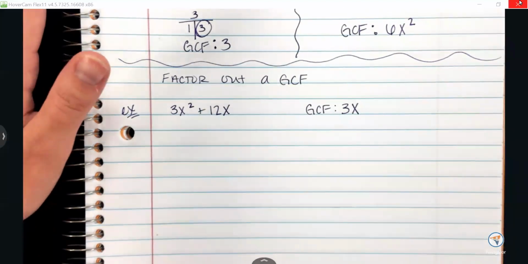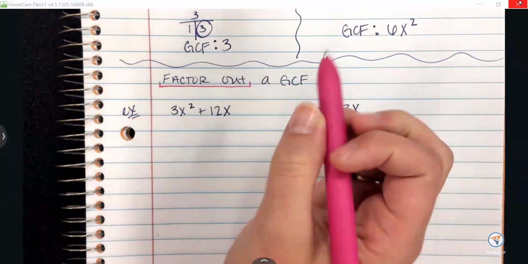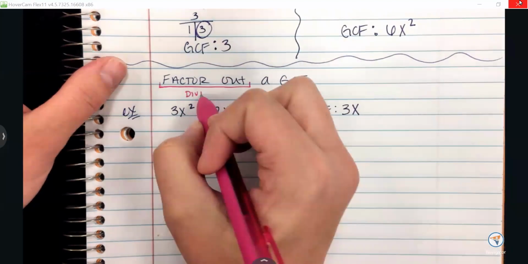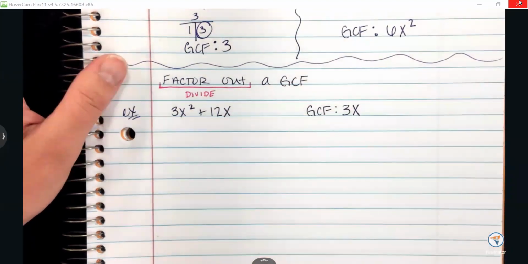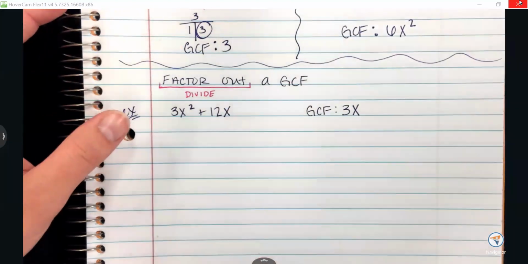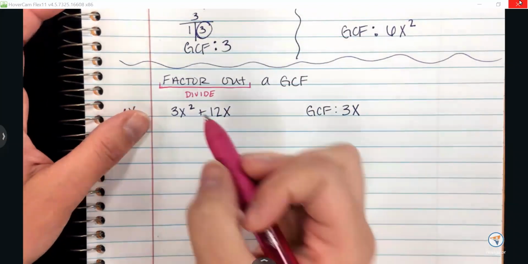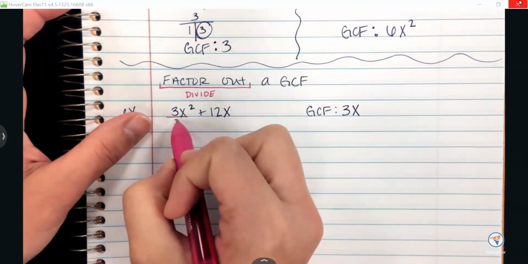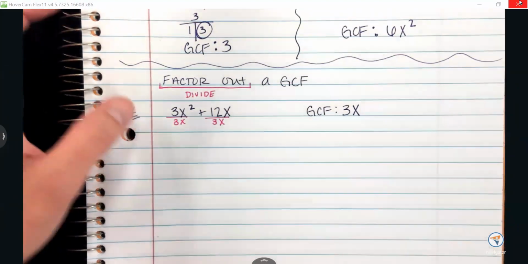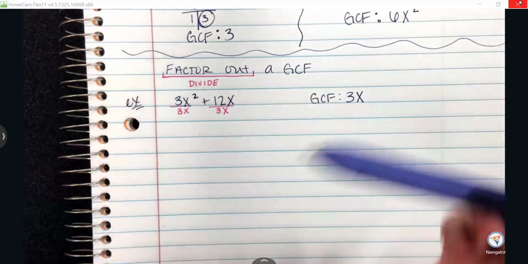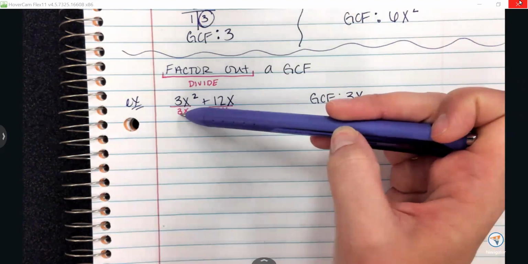Now, what do I do with that GCF? Factor out in a way means that we are going to divide by my GCF. So I'm undistributing something. That's what we're doing. So my GCF is 3x. So I'm going to divide both of these terms by 3x. So do your numbers first. What is 3 divided by 3?